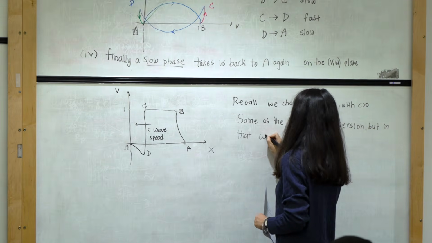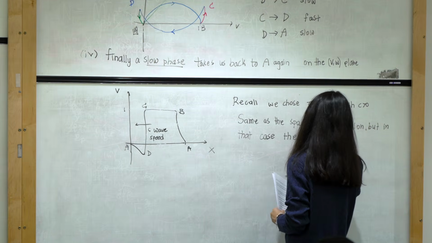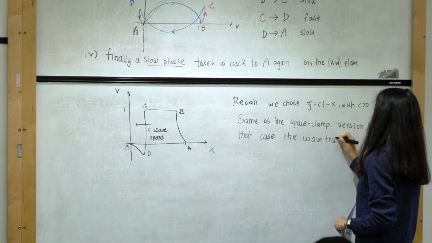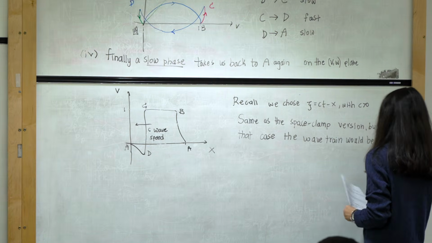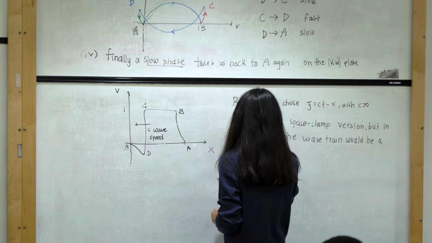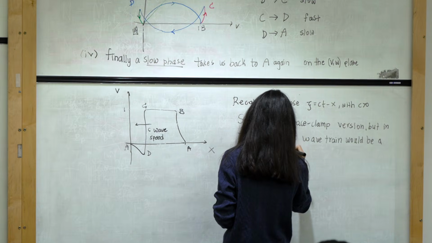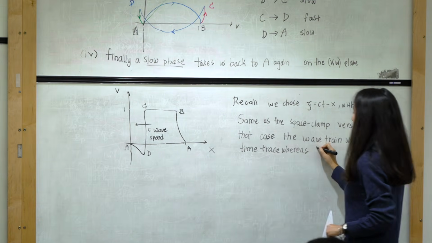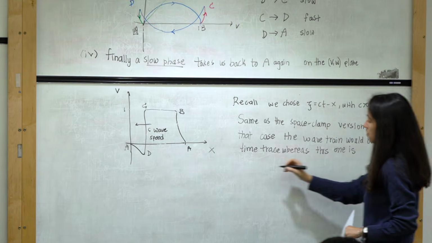In that case, the wave train would be a time trace, whereas this one is moving along the axon.